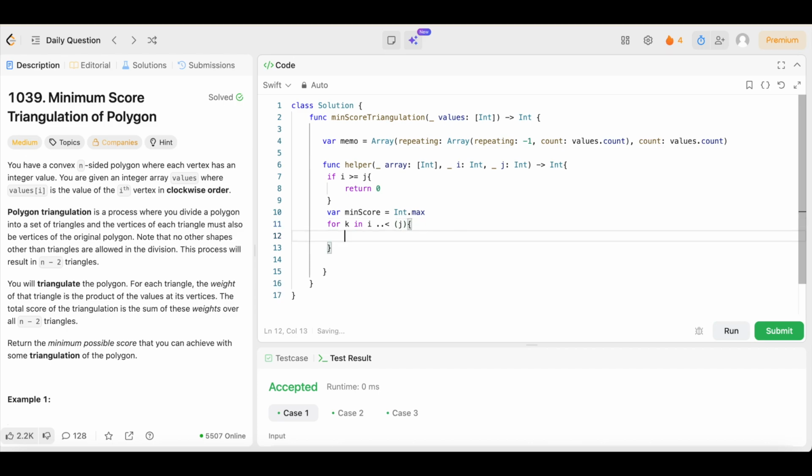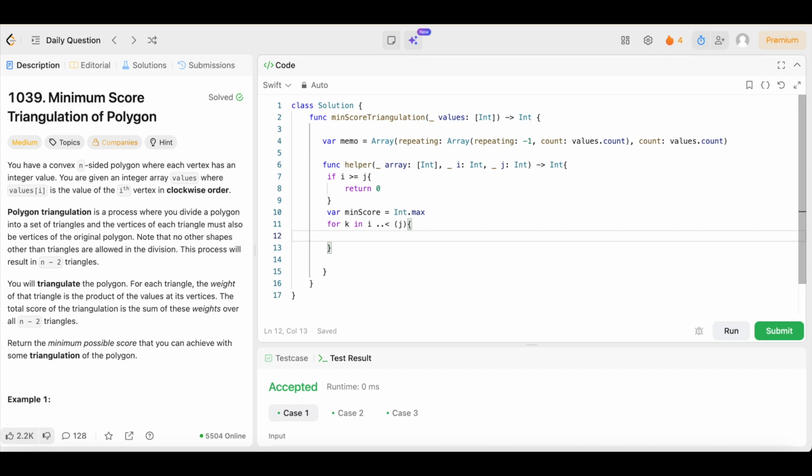We're going to open up the brackets. Boom. And we're going to recursively compute the minimum score for the left sub-polygon, which will be I through K, the minimum score for the right sub-polygon, which will be K plus 1 through J, and then plus the score of the triangle formed by the vertices I minus 1, K, and J.